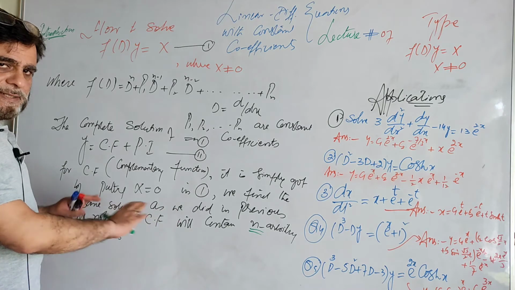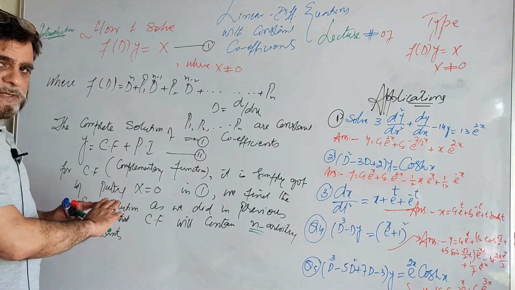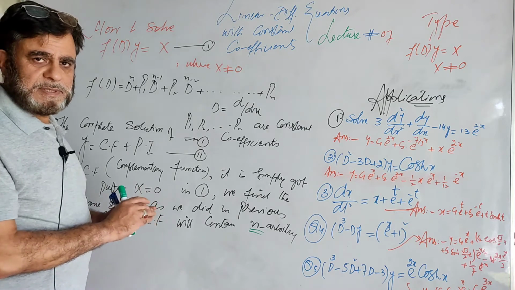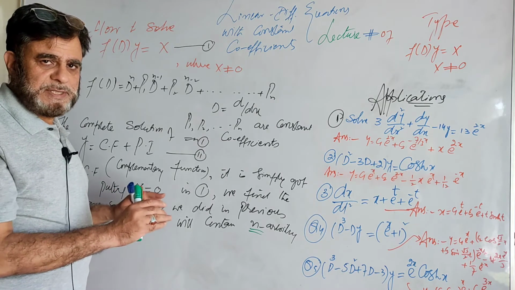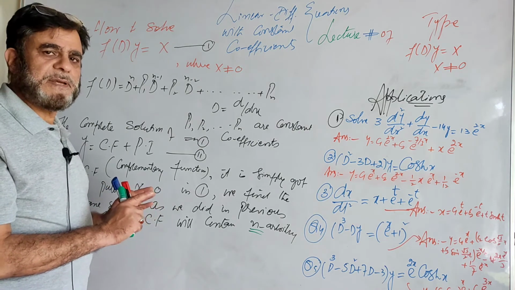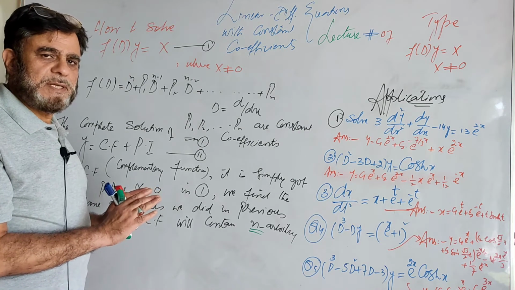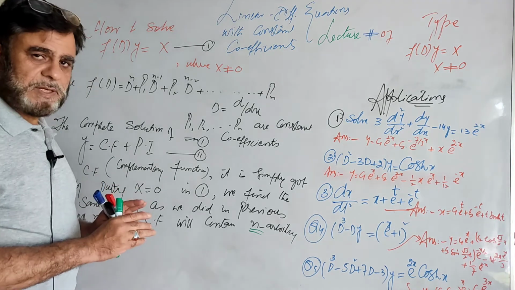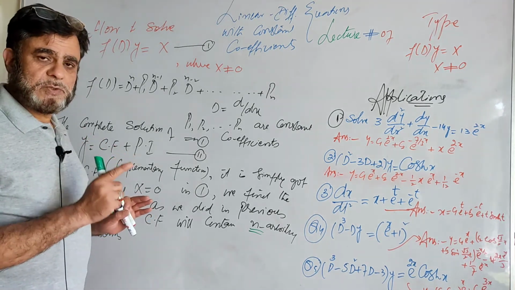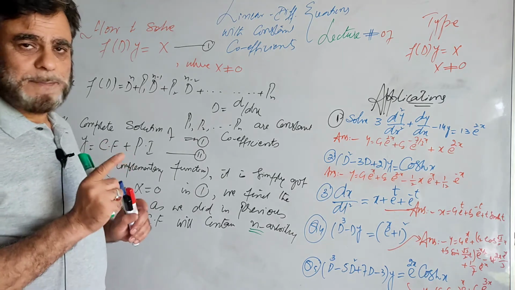So you have to learn nothing new about the complementary function. Whatever you did up to and before lecture number 6, you have to do that again. Whatever you get there is the complementary function. There, when capital X on the right side is 0, we named that solution the complete solution.